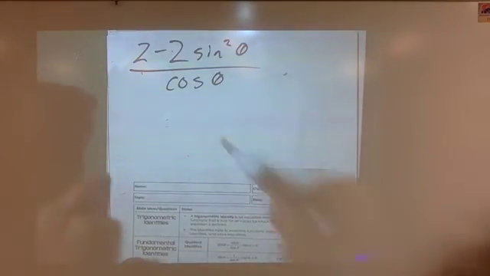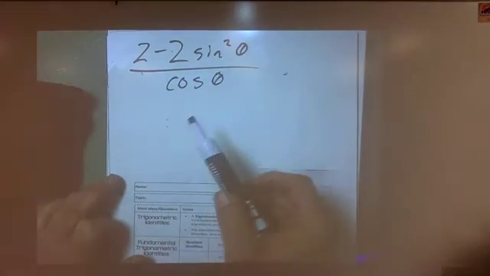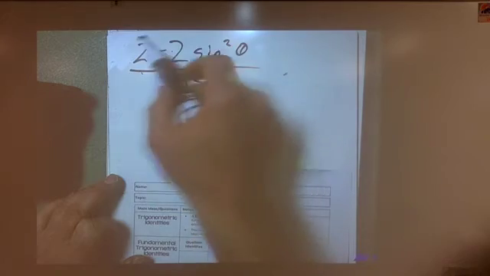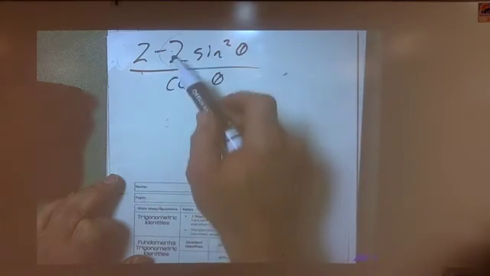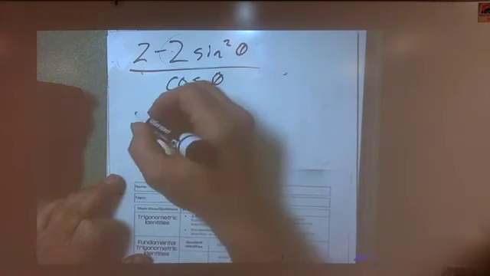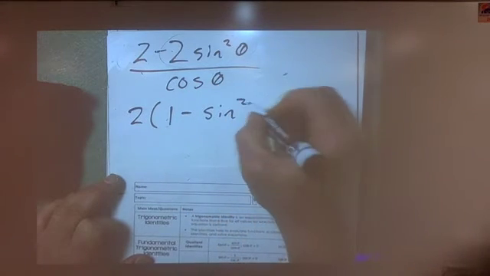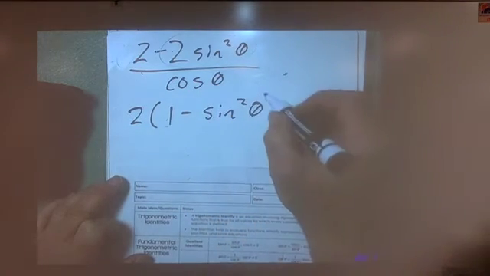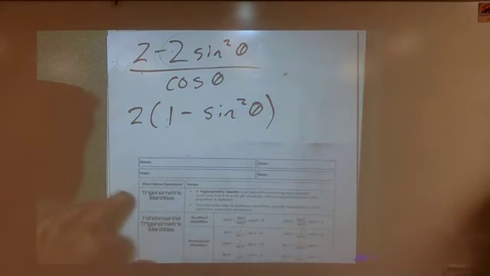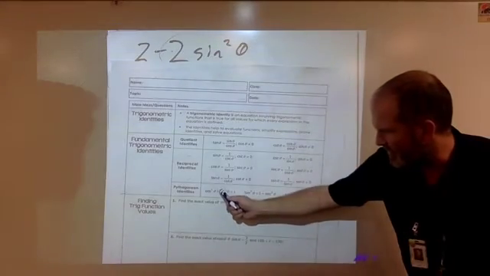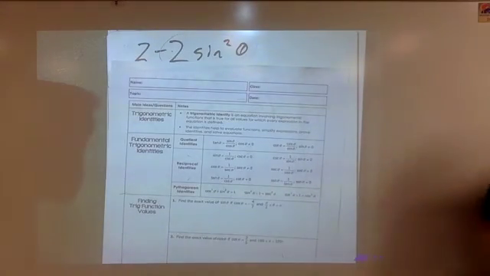All right, in the numerator, you can factor out a 2. There's a 2 in both terms here. You've got one term minus another term, and they both have a 2 in it. So you can pull out that 2, and then you have 1 minus sine squared theta, and that is this one right here if you just subtract sine squared to the other side.